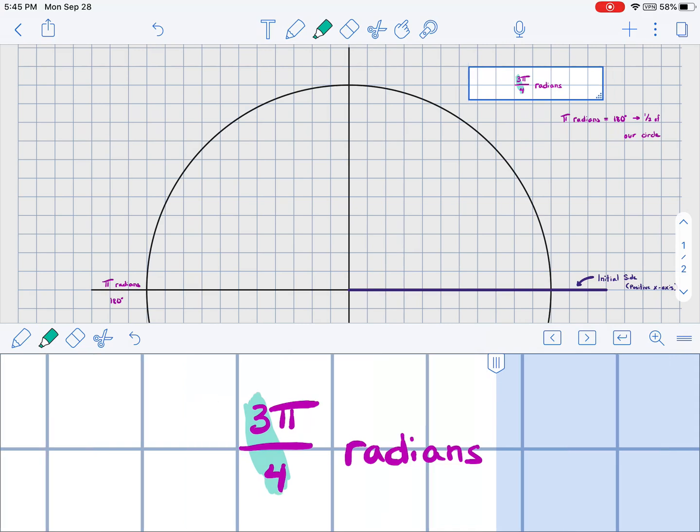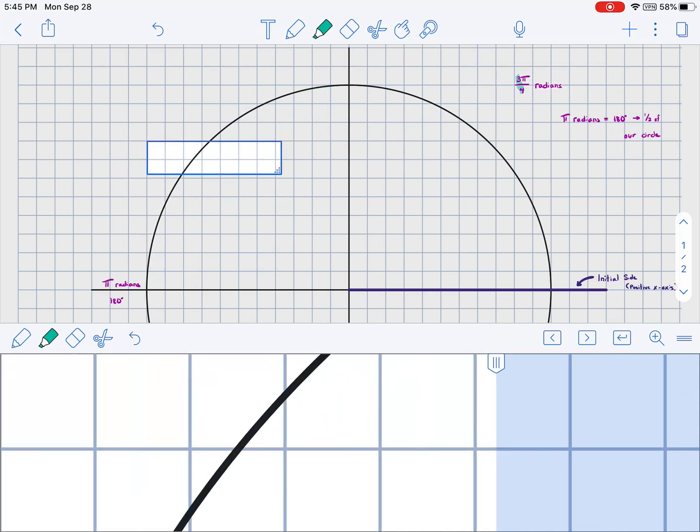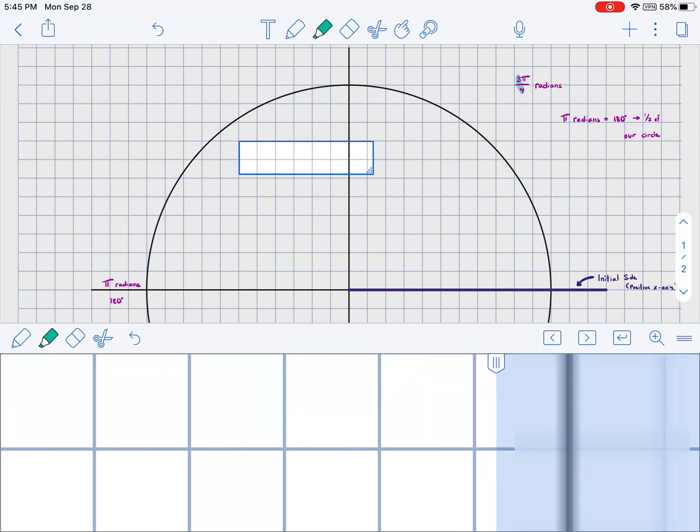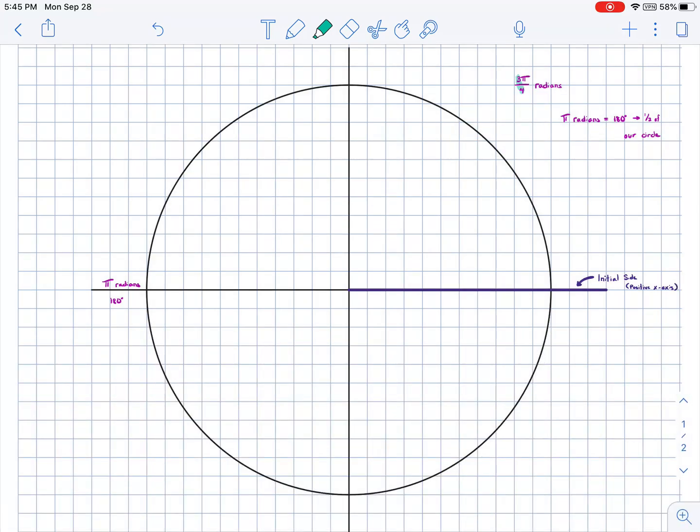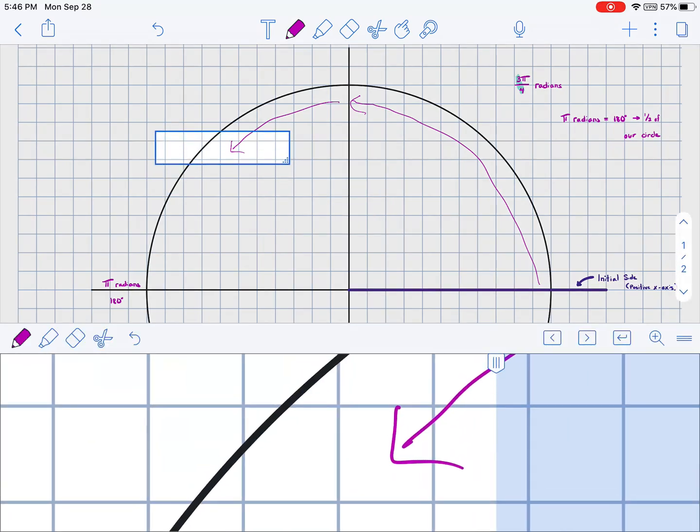So I would conjecture that I am somewhere in the zone here, because that would be 3/4 of half of my circle. So I could span this, and that's half of my circle, and then I've got to go another half. So I'm really looking to locate this right around here.